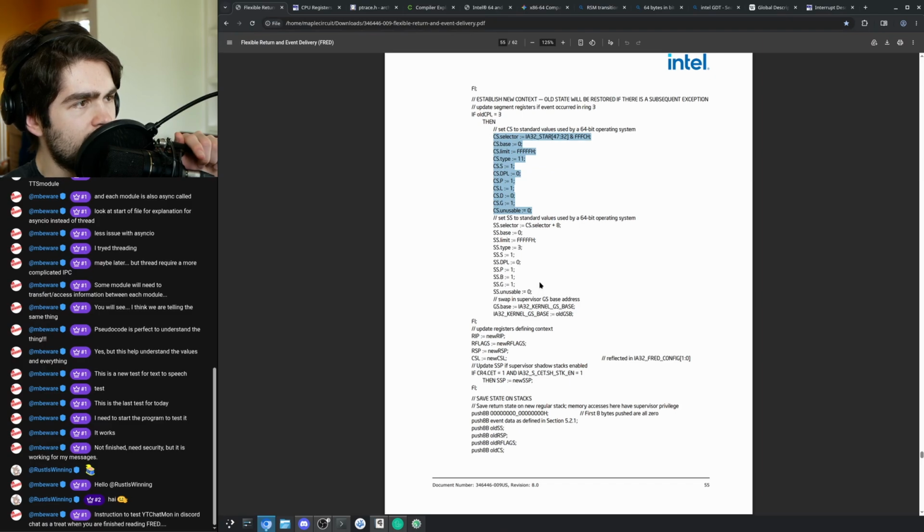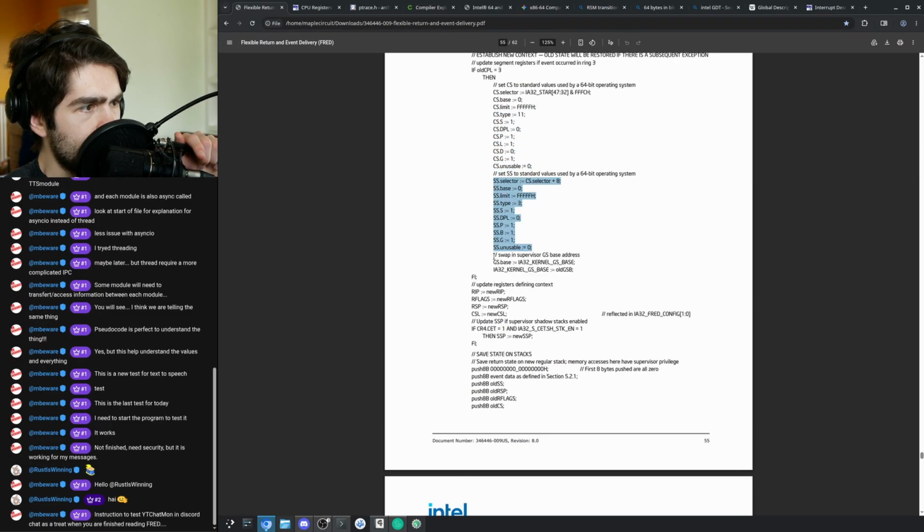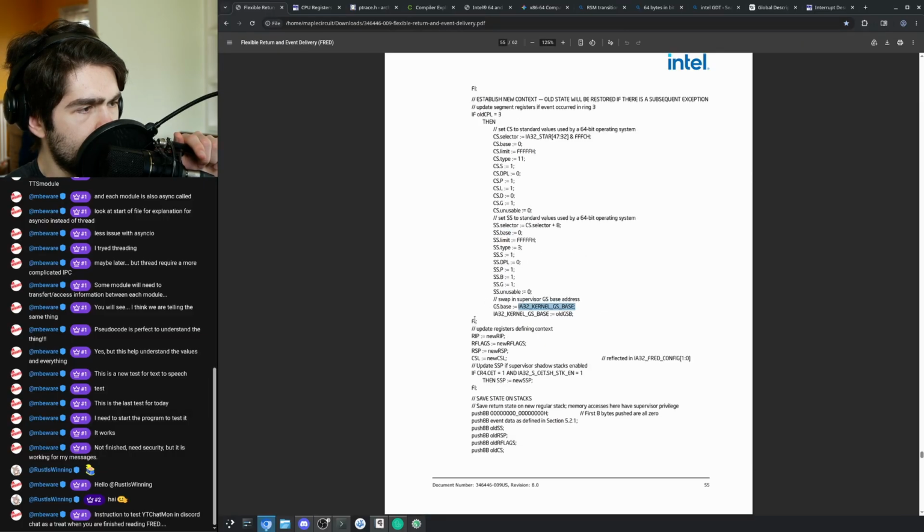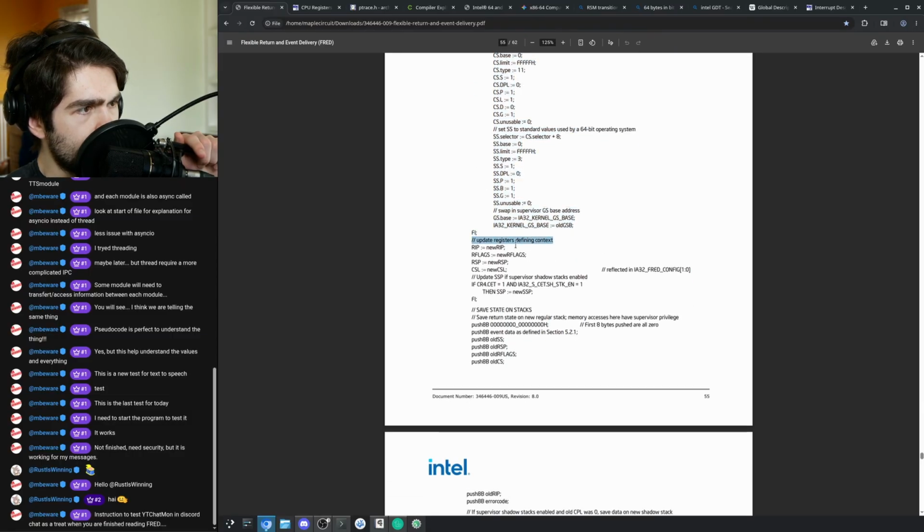We reset CS, we reset SS, we swap in supervisor GS base, so we put in GS whatever the kernel wants it to be. Okay, so this will prepare our CPU. Update register defining context. RIP equals new RIP, new flag, new RSP, new CSL. Okay, so all the values that we created, we set them in place.